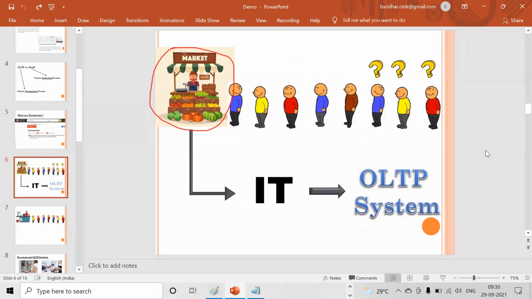So the number of people visiting the store at a time increased. I'll give you a simple example of what is the meaning of purchase capability of a customer. I completed my graduation in the year 2010.